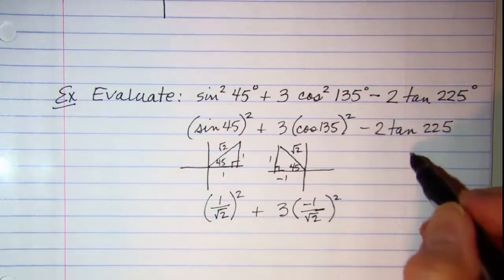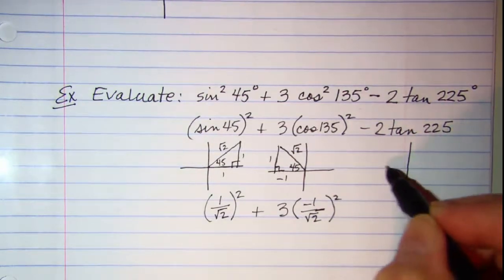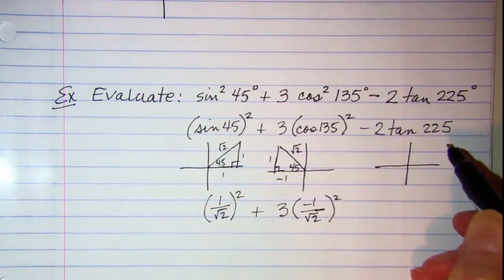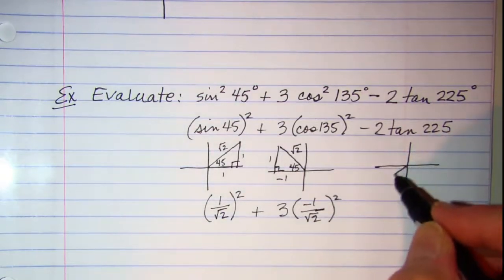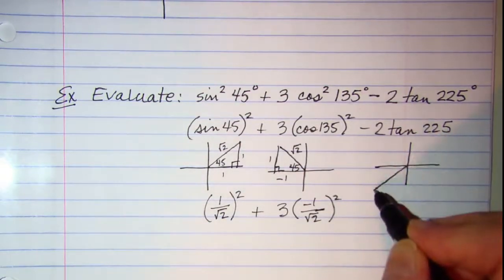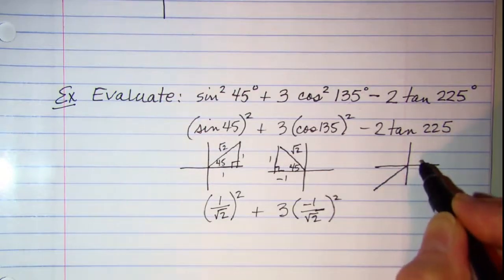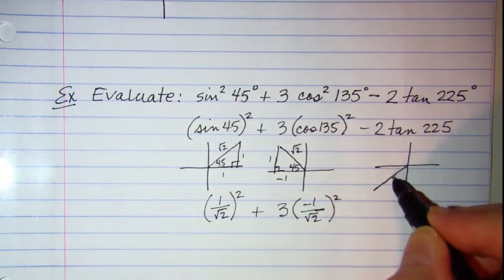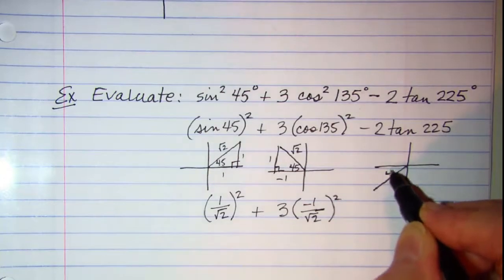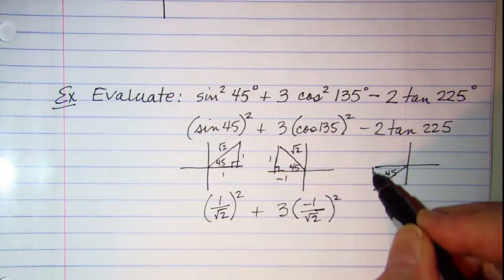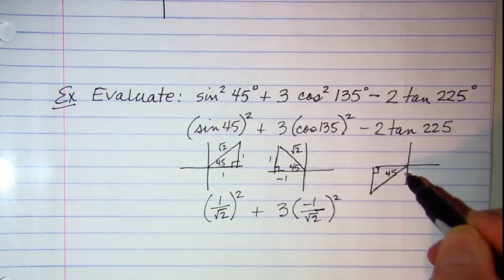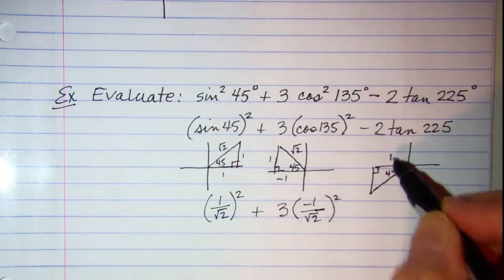And then on this one, 225. 225 is bigger than 180, so I'm coming around. My terminal side will be in quadrant 3. 225 subtract 180 gives me a reference angle of 45. I can draw my reference triangle and put in my signs, 1, 1, root 2.